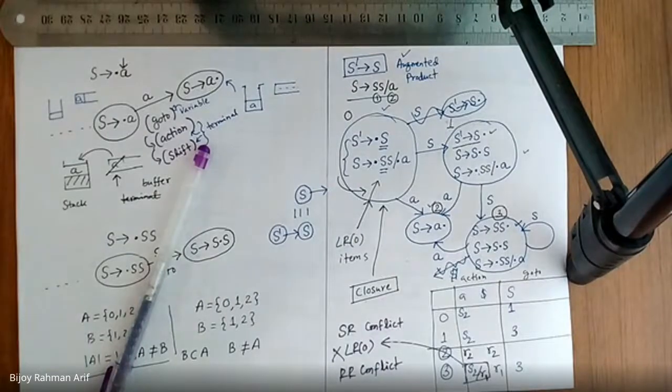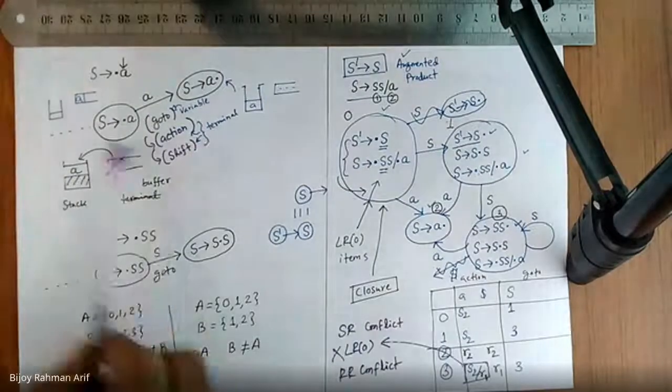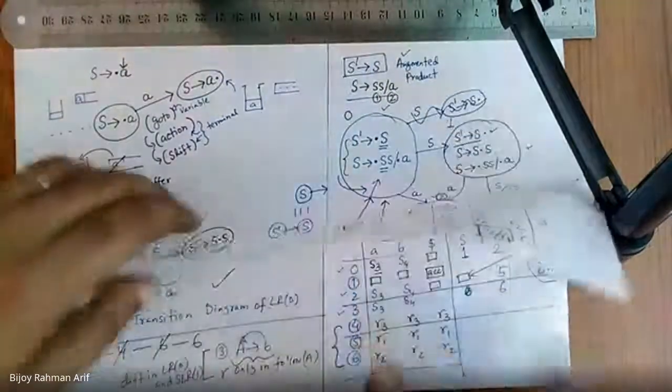Sometimes there are two reduce moves, so the parser again becomes confused: am I using this rule or that rule? Which one am I going to use? When two reduce rules conflict, that is called RR conflict. Whenever shift and reduce conflict arises, it is called SR conflict. Is it clear to you, guys?